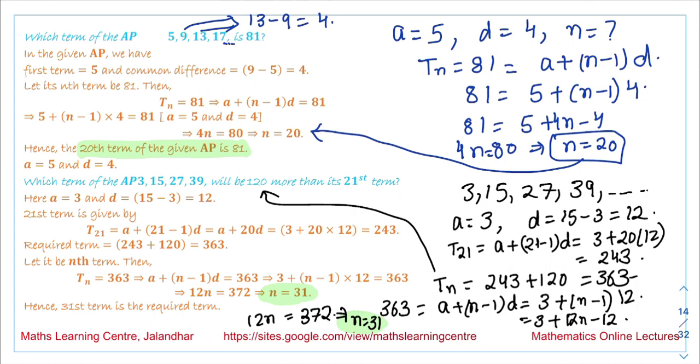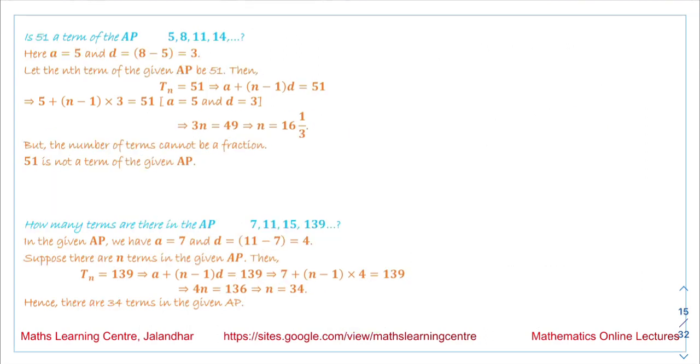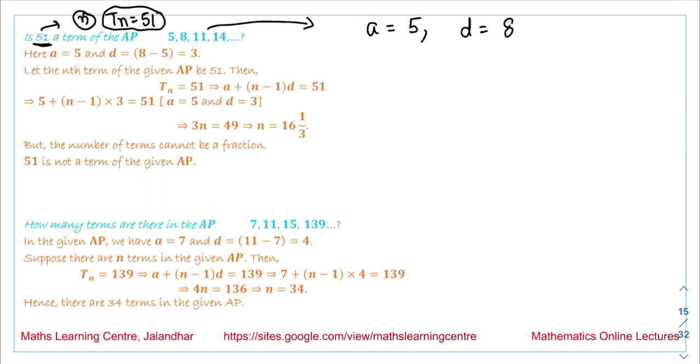Now the next we have is, is 51 a term of this AP? We have to find whether 51 is a term of this AP. It means is there any n for which Tn is equal to 51. From this AP, what we have is a is equal to 5, d is equal to 8 minus 5, that is equal to 3.